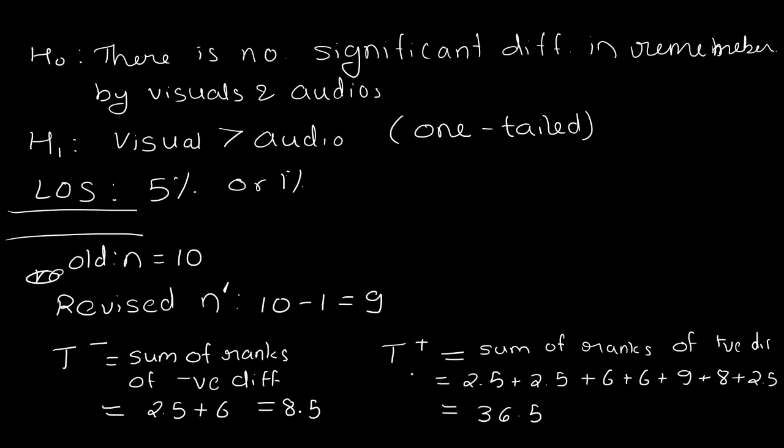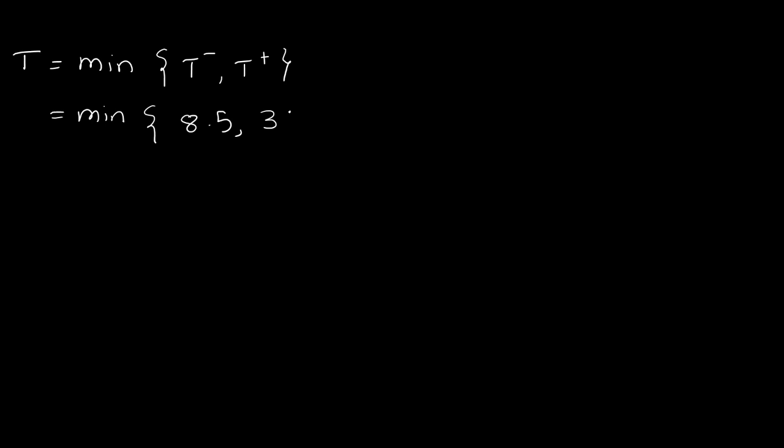So T minus and T plus have been calculated. Now the next step is calculating T, and T is given by the minimum of T minus and T plus. T minus is 8.5, T plus is 36.5. So the smallest value is 8.5. So I have my T.